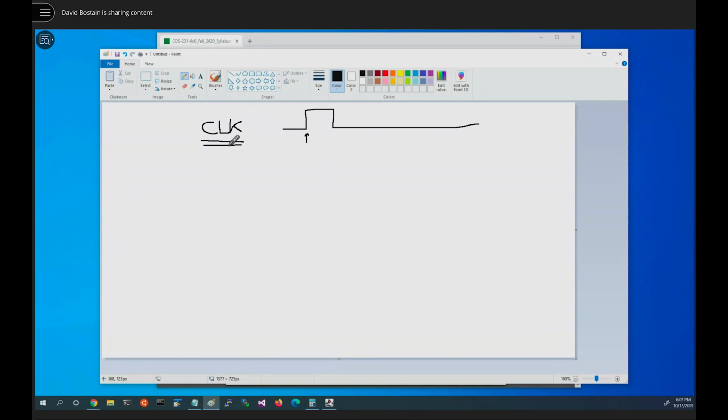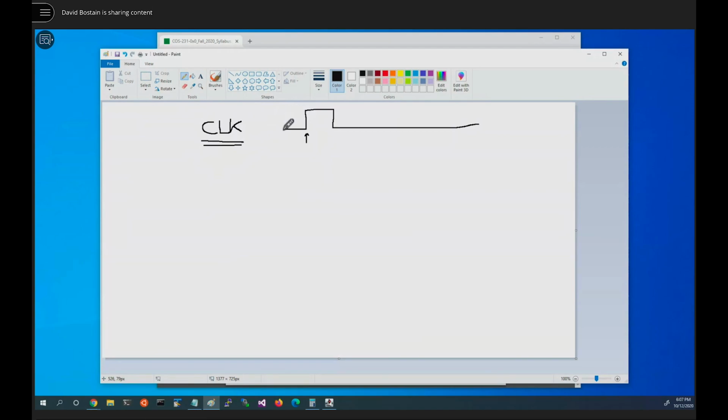Particularly in the case of the D latch, to make it useful at all, we had to stick a clock in the way to make it transparent only when the clock was high.